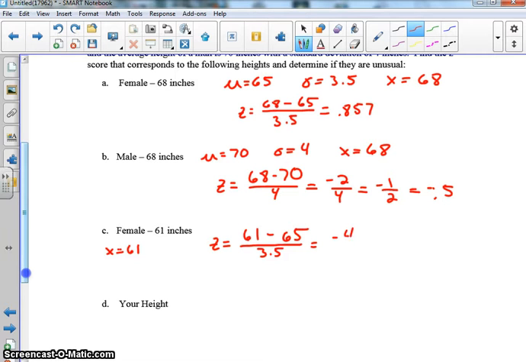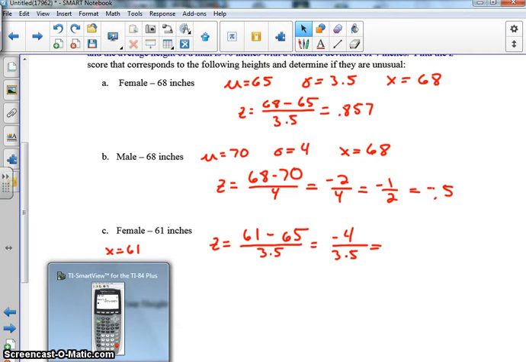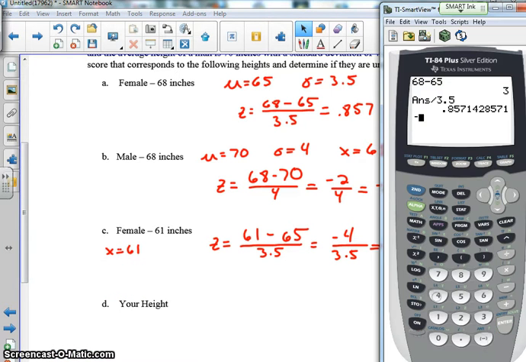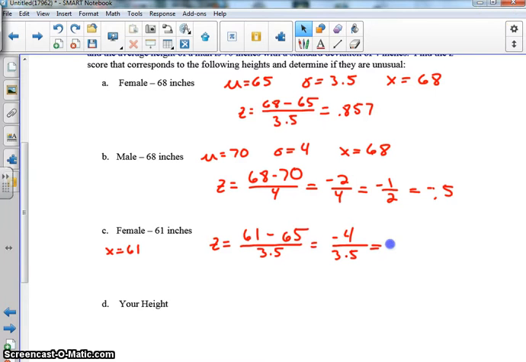So this is negative 4 over 3.5. If you want to get out your calculator and figure out what that is, negative 4 divided by 3.5 is negative 1.14. So this person was a little more than one standard deviation below the mean.